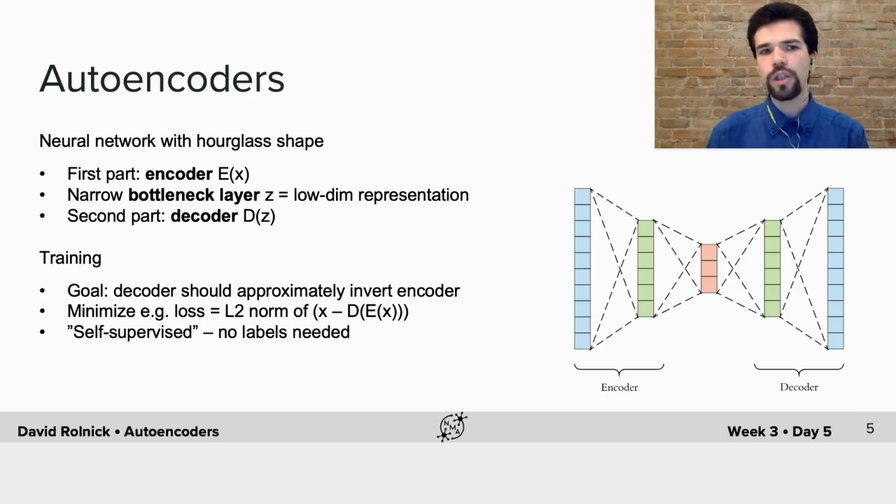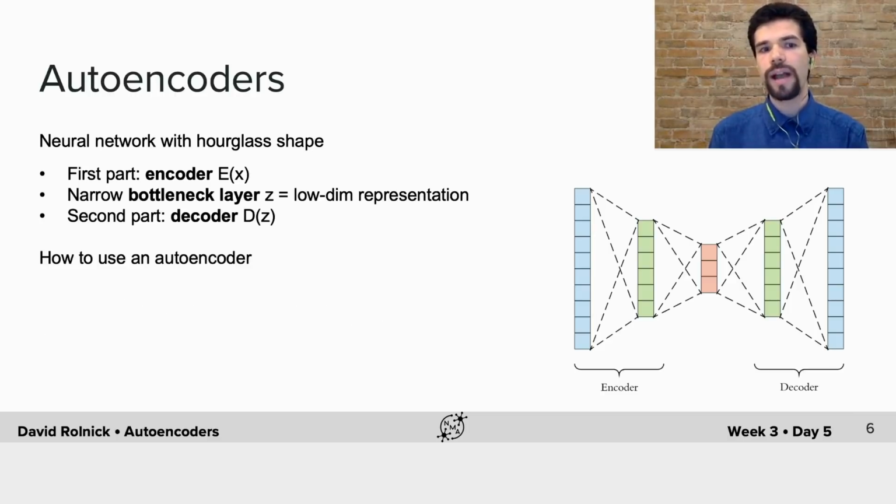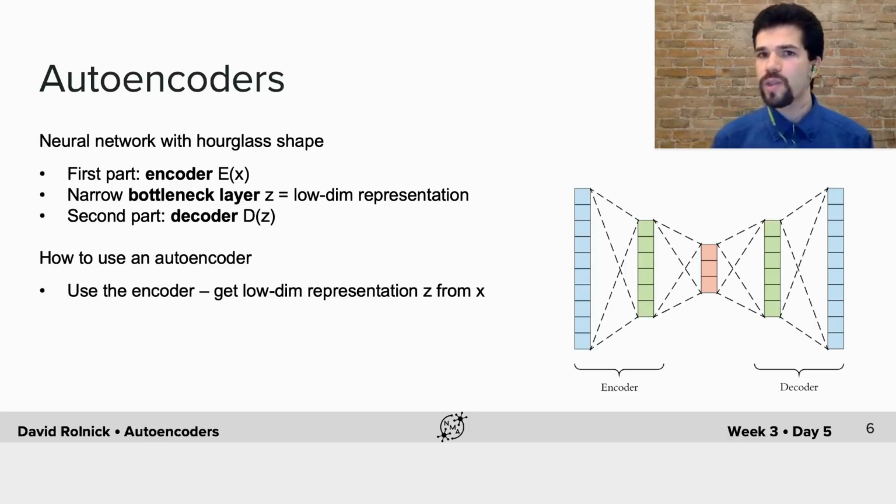Now, how would you actually use an autoencoder in practice? This is how to create one, how to train it. So you have your encoder and your decoder, and you can actually use them separately. This is something that's rather cool about autoencoders, that you can use the encoder divorced from the decoder, and vice versa.